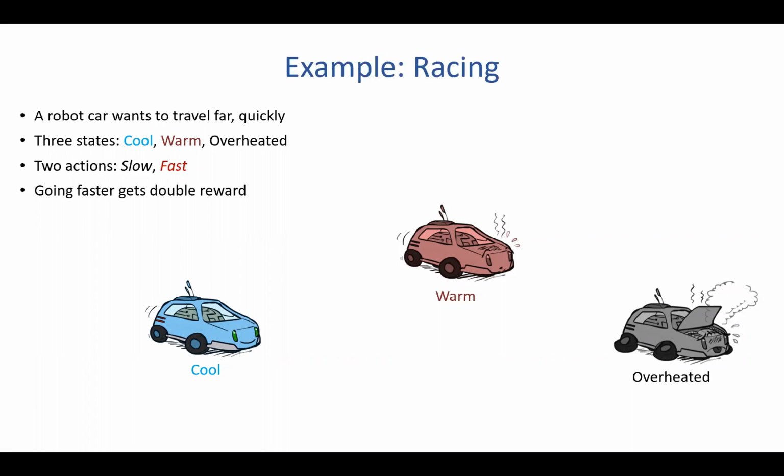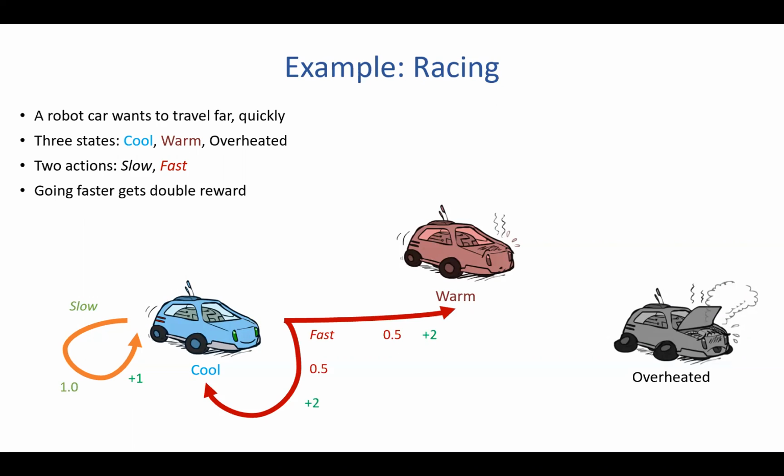Second example. Suppose that you are in your cool state on the bottom left. There is a 100% chance that if you continue driving slow, your car is going to remain cool, and you get a reward of 1. From slow, if you drive fast, there is a 50% chance that your car might get warm, but you'll get the reward of plus 2.